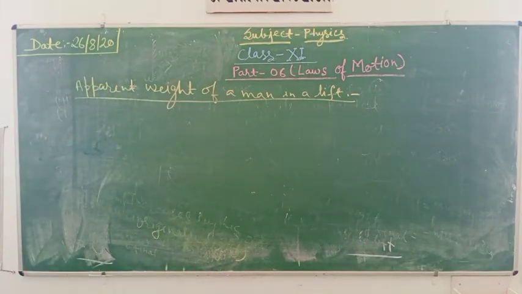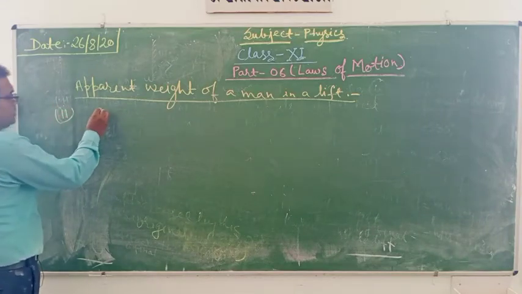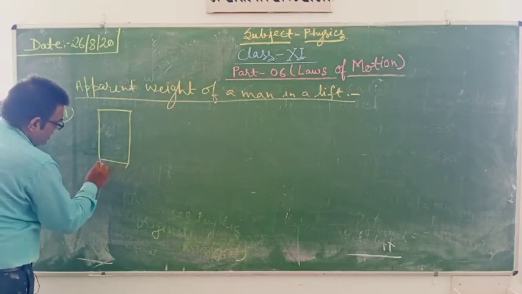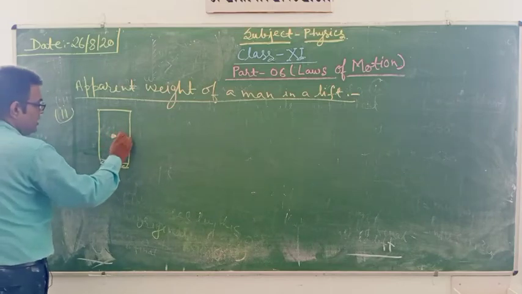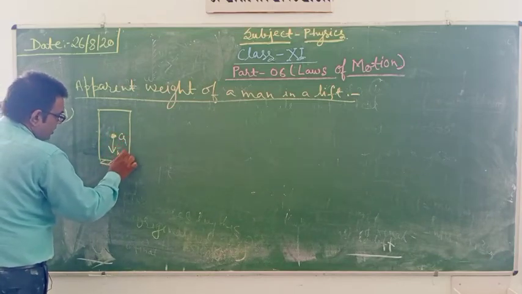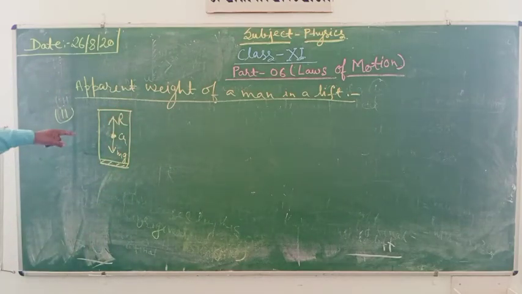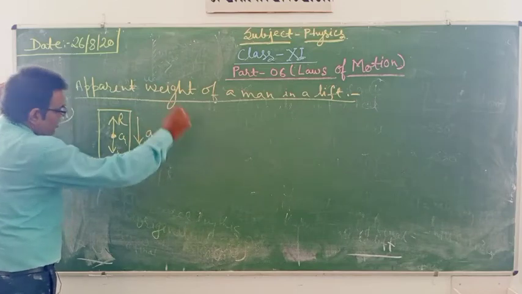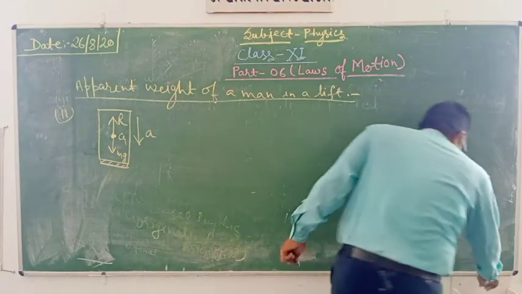Now the second case, when the lift is moving downward. Here mg is the weight, by Newton's second law. This is the weighing machine, R is the normal reaction, and the lift is moving downward with acceleration a.